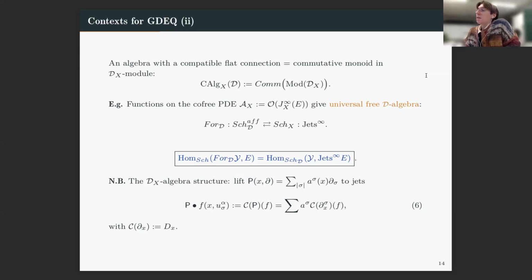And it means we are in a category of commutative monoids in the category of D modules. So that's quite nice. And it's actually a universal construction in this one. So it's adjoint to forgetting the connection.